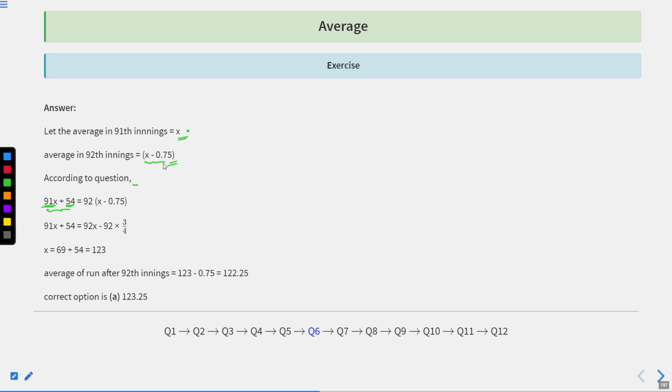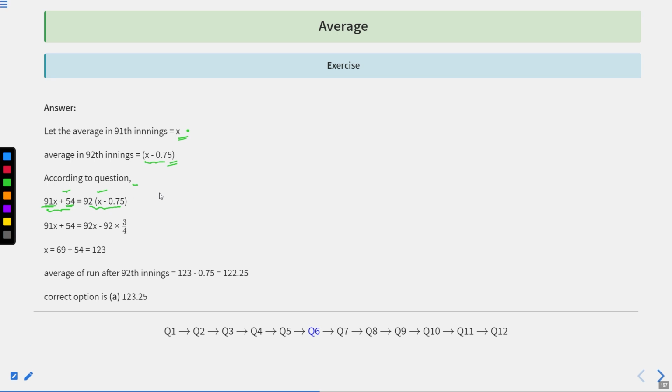And if I multiply that by 92, then I will have the sum, the total runs scored by him till the 92nd inning. So these two things on the left hand side and the right hand side represent the total runs scored by him after the 92nd inning. So these two things can be set equal.